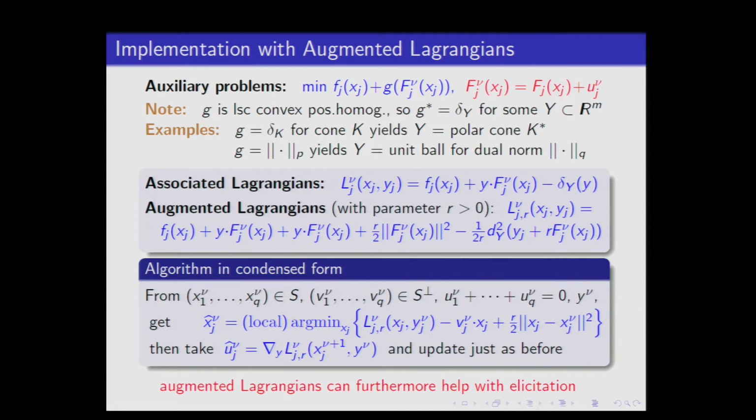So anyway, then, you can show that the algorithm I gave earlier could be rewritten in the form of a proximal augmented Lagrangian type multiplier method, where I still have the V's, and I have the U's add up to 0, and I have a single Y. And now what I'm doing is I'm minimizing in this xj the augmented Lagrangian for that subproblem involving that shifted mapping F, and that's supposed to be just a Y nu.